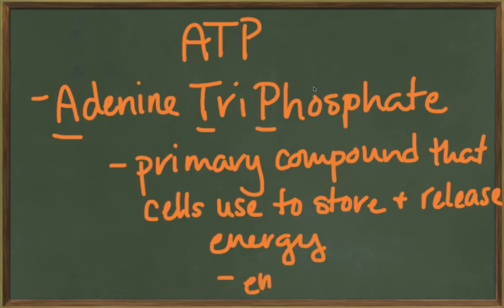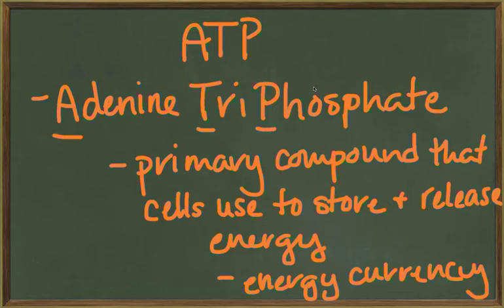This is your energy currency. Just like if you wanted to go to the grocery store, you have to have a dollar bill to buy a candy bar. In order for certain things to happen in a cell, I have to use ATP in order to get it going. ATP consists of 3 things.